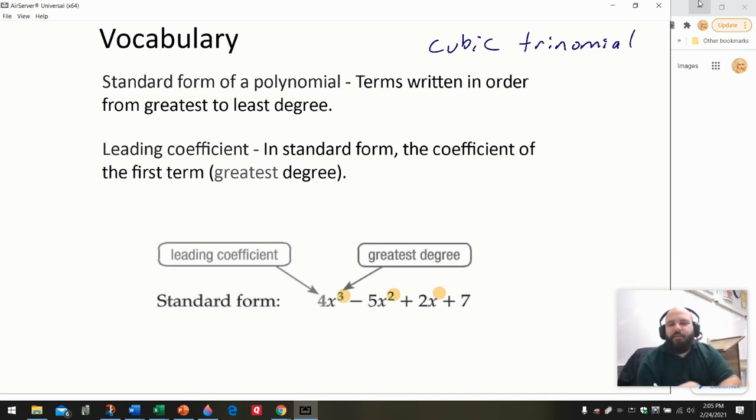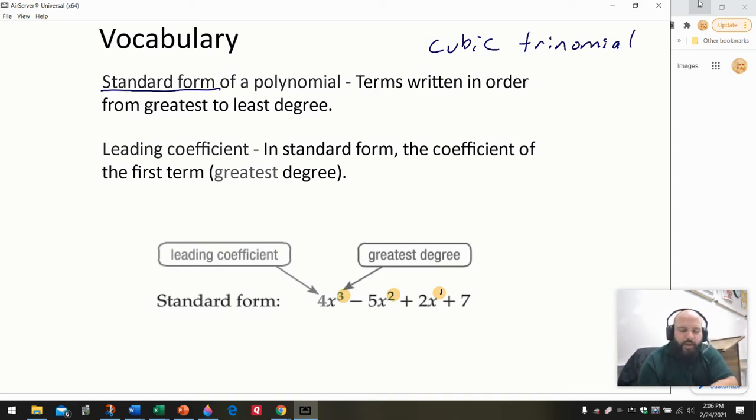You can see we started with an x to the third, then it becomes x to the second, and then x to the first, and then finally there's no x here at all. It's gone, and we just have the number 7. So when you order a polynomial from the highest power down to the lowest power, that is called standard form. That's this right here, standard form of a polynomial.